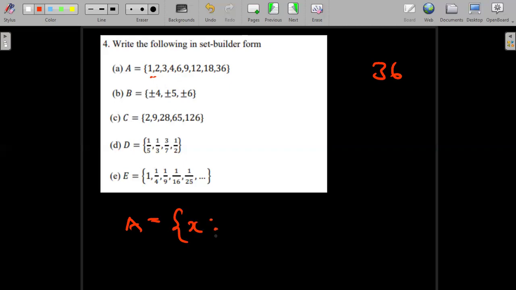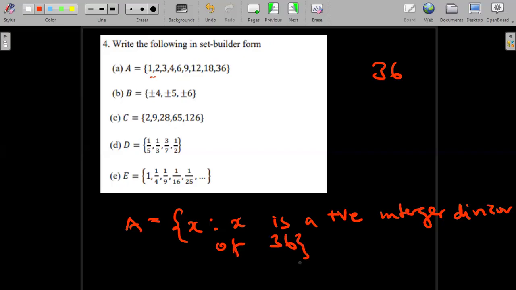I can write this as the set of x such that x is a positive integer divisor of 36. x is a positive integer divisor of 36. You can write it like that.